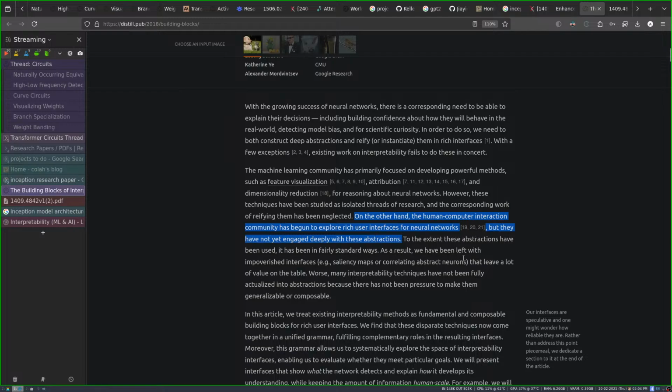The human computer interaction community has begun to explore user interfaces for neural networks.